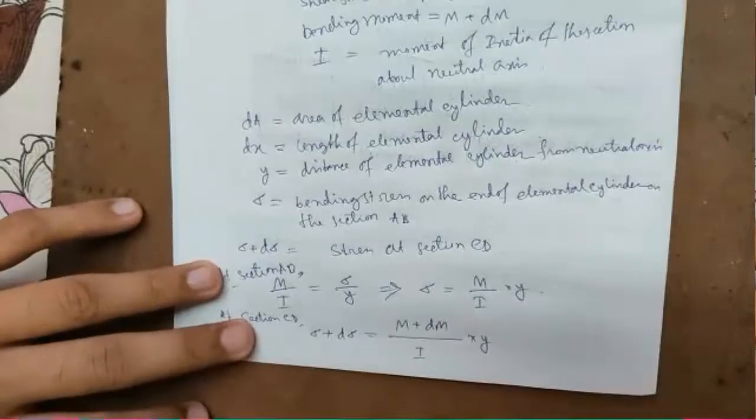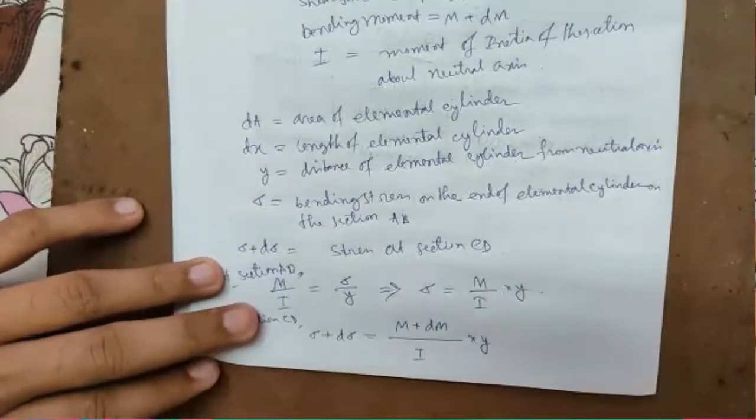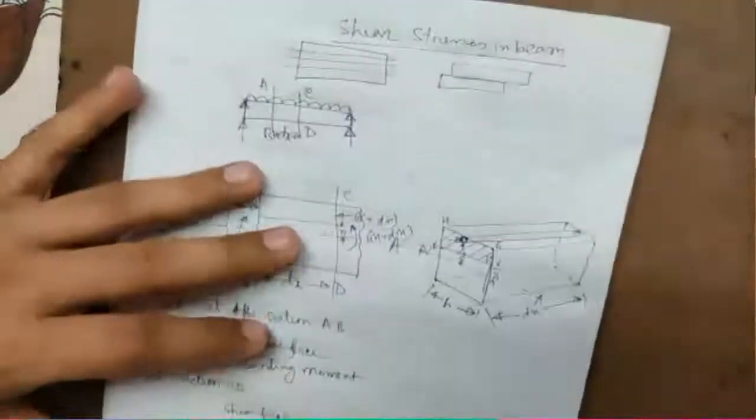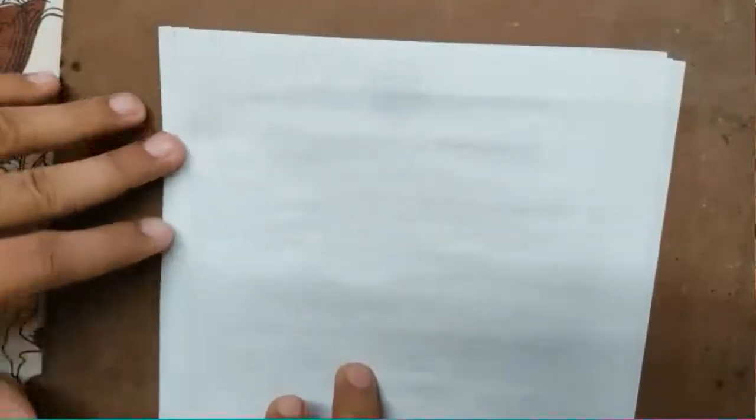Now let us find out the forces on the two ends of the elemental cylinder. We have found out the stress values in the two ends AB and CD. So force will basically be stress into area.